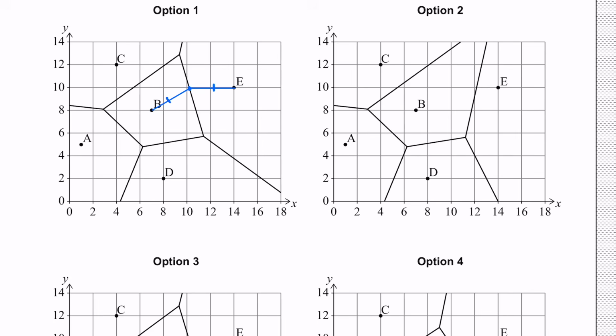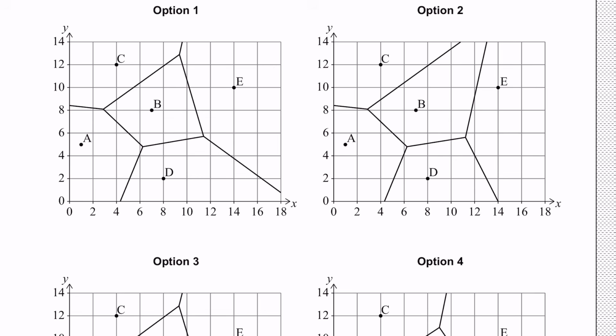Same here. If we were to plot another point right here, all points on this boundary line should be an equal distance from both of these sites, B and E. So a boundary line represents the set of equidistant points from these 2 sites.